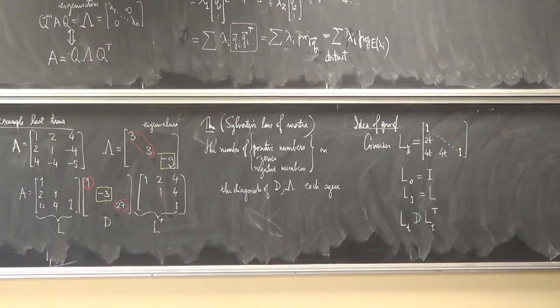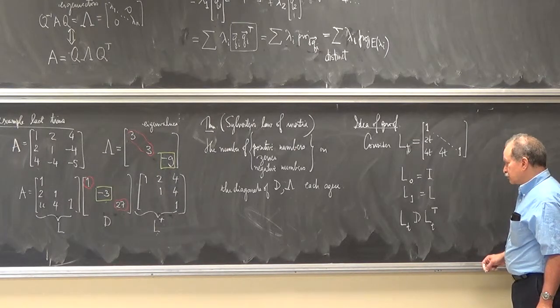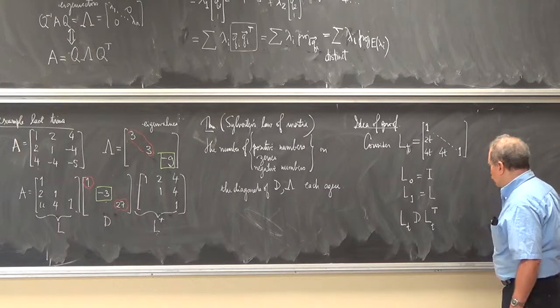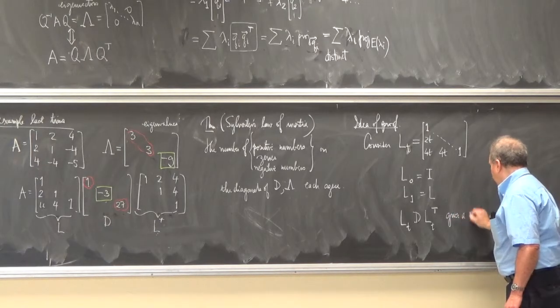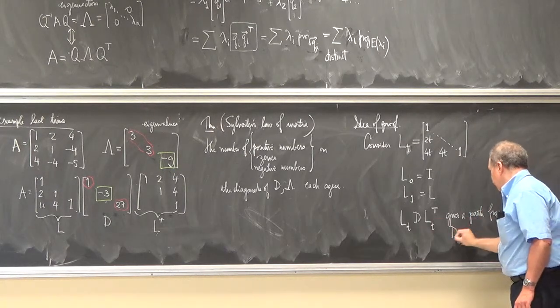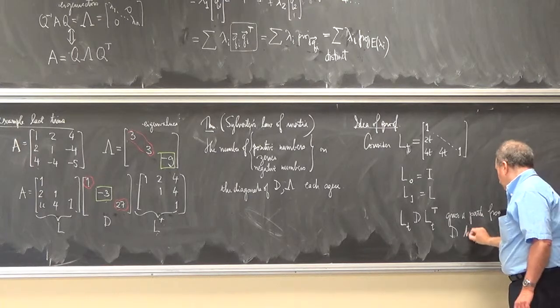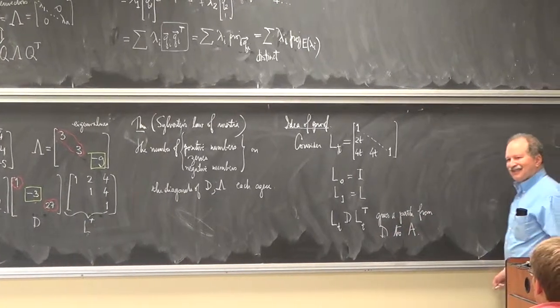It goes from D to A smoothly. Right, this gives a path. When T is 0, you're at D. And when T is 1, you're at A.